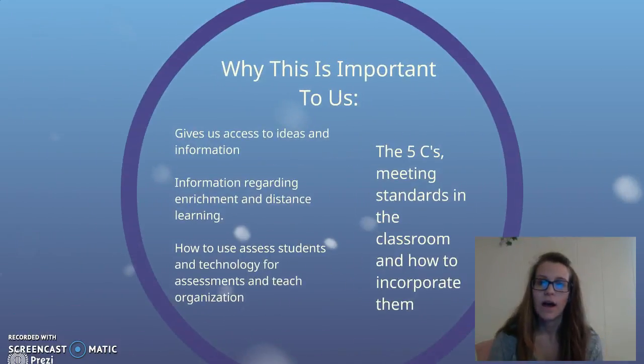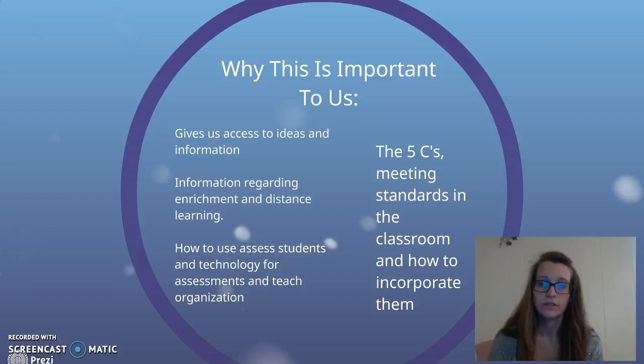So lastly, why is this important to us? For one, it gives us access to ideas and information because we're all going to become teachers, so this helps us organize our ideas. Second, this gives information regarding enrichment and distance learning, which can be really helpful. It gives you resources on how to do that.